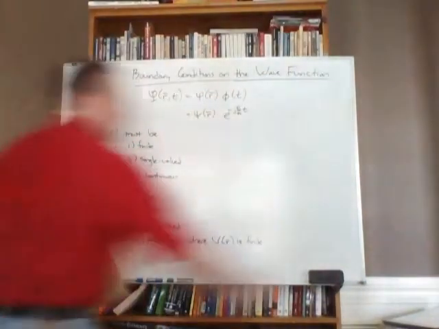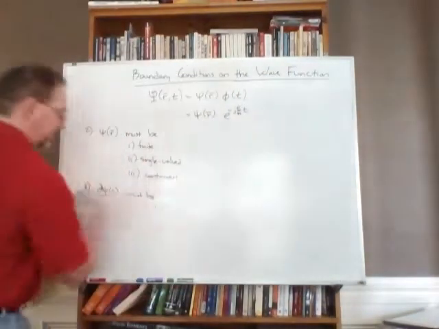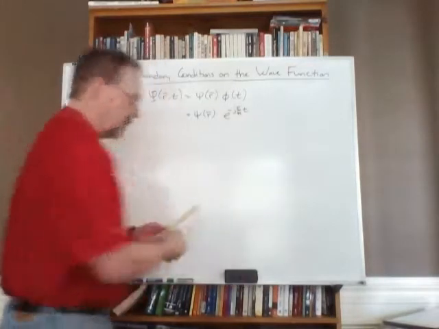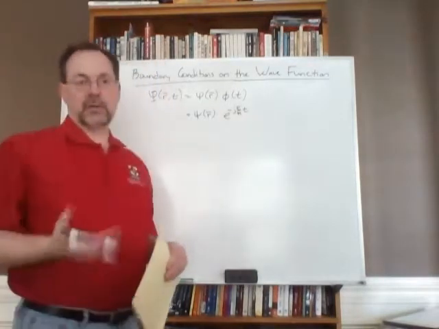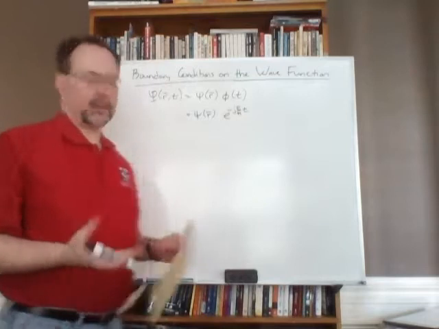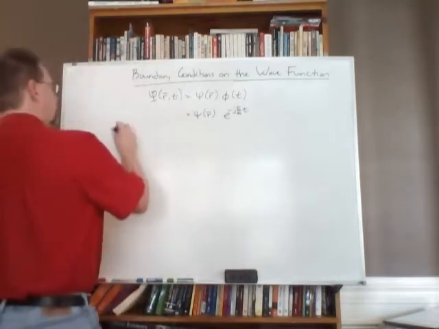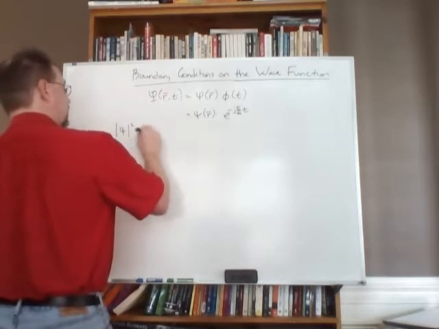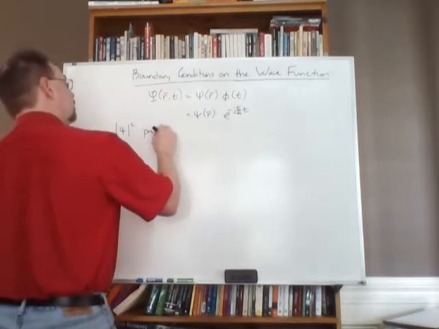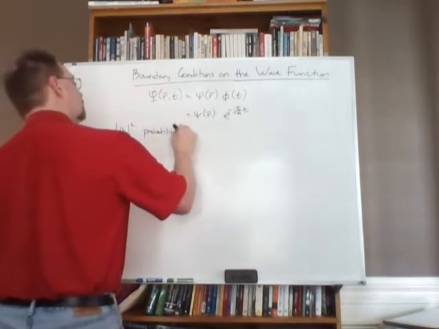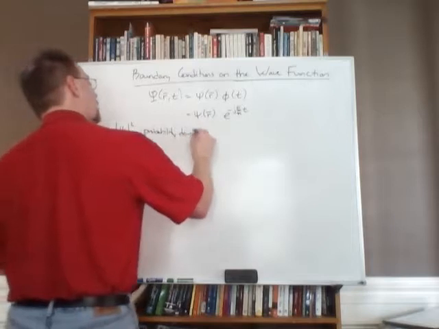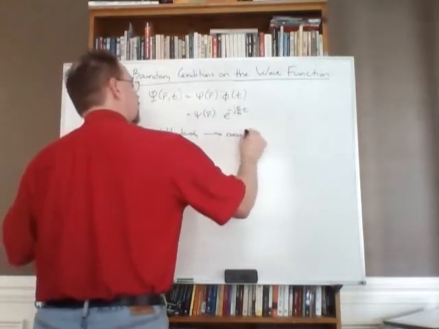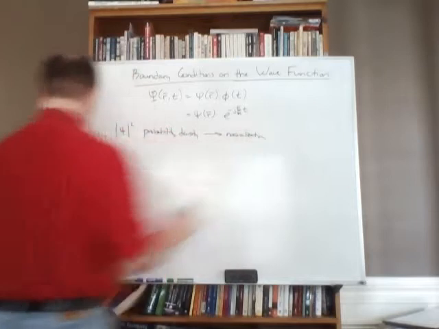The normalization, as we said, is required because of the interpretation of the square of the wave function's magnitude as a probability density. So this justifies the normalization boundary condition.